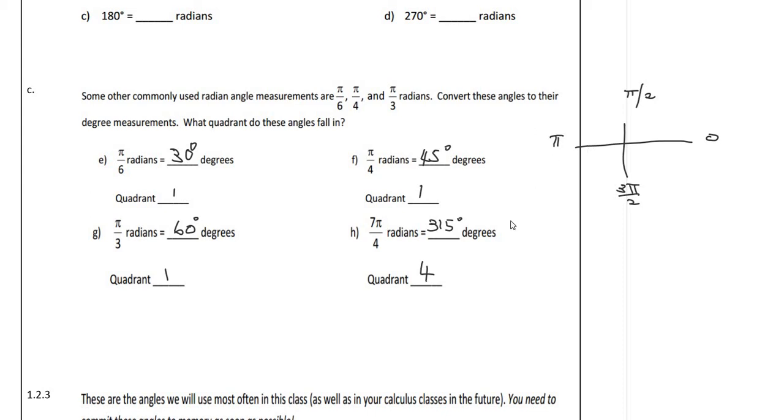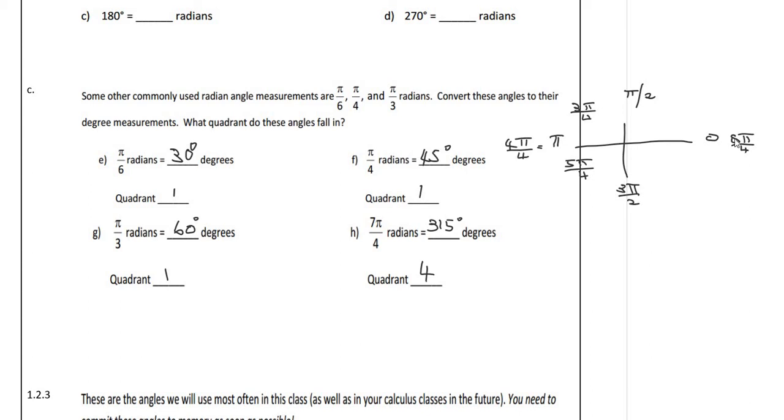If I work with over 4, then this will be 4 pi over 4 to get back to pi. So if they give me 3 pi over 4, then I know I'm in the second quadrant. And if they give me 5 pi over 4, then I know I'm in the third quadrant, and so on. And this is 8 pi over 4.